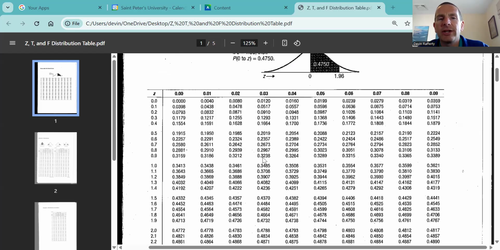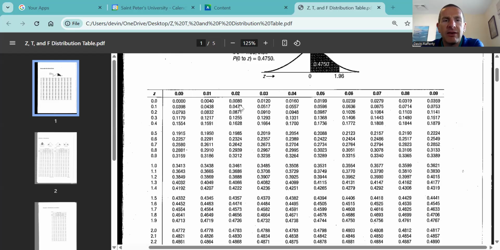If I wanted to know the area under the curve with a z-score of 1.29, I'd go down to 1.2 and then across to 0.09. That area under the curve would be 0.4015, which means that it is also the probability.